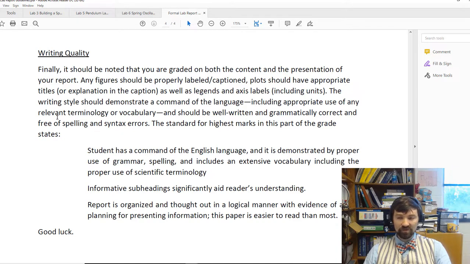So, maybe you introduce the word period, you define it, you introduce the word frequency, you define it, and then thereafter you just use the word period and use the word frequency rather than doing like a circumlocution with the definition. Okay. You should be checking for spelling and grammar and syntax as well.